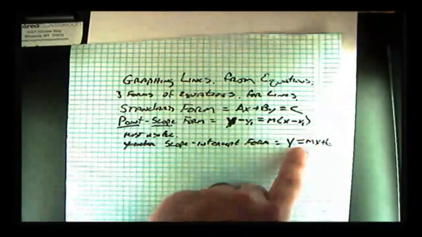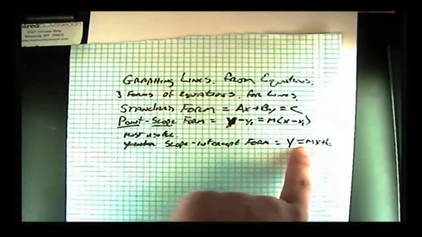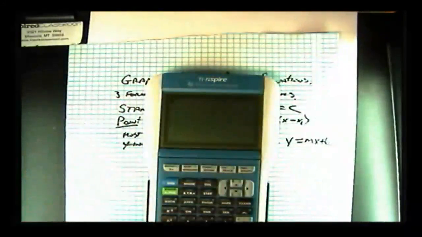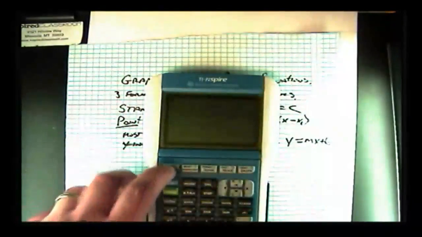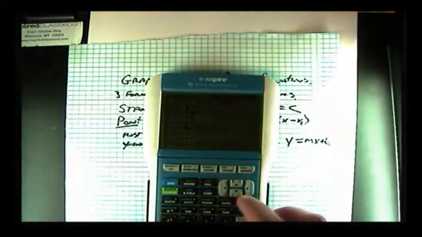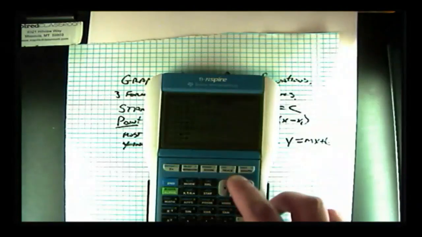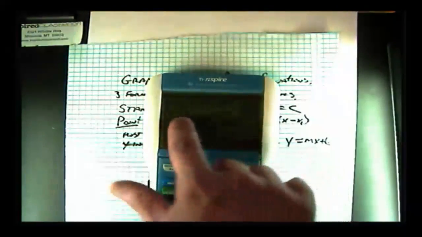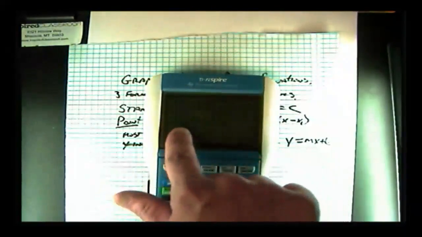But another reason this one is most useful is because of our calculators. When you hit this button right here, we have the y equals button. I have a bunch of stuff in here that I'll clear out real fast, but notice this is y equals. This is y equals.